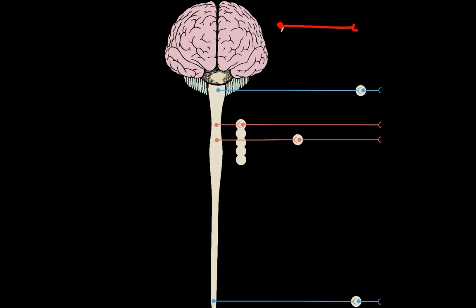The ball is the neuron body, the line is the axon of that neuron, and the cup is the axon terminal, where it's synapsing onto another neuron or another cell. And we have two different kinds of neurons that we're displaying here. We have parasympathetic neurons in blue, and then we also have sympathetic in red.